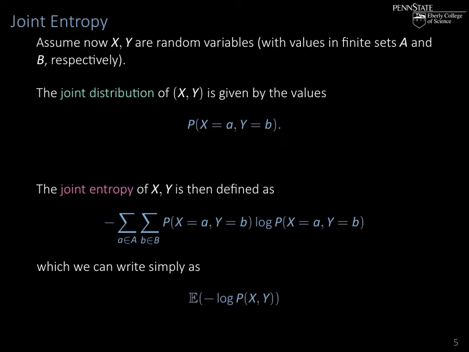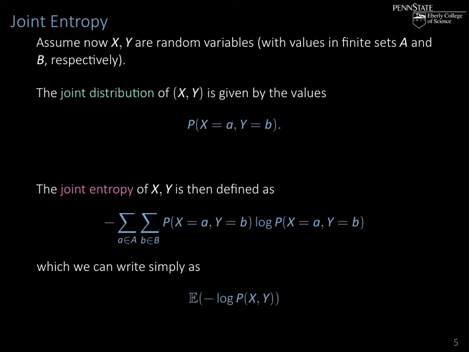And then we can define the joint entropy as follows. We just take essentially the expected value of the negative logarithm of the joint probabilities.